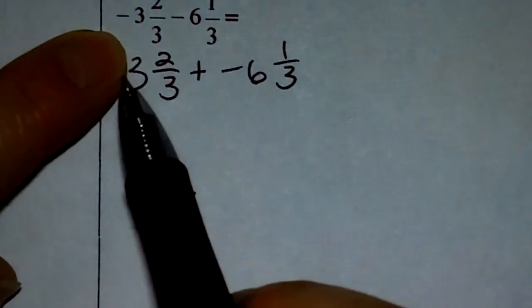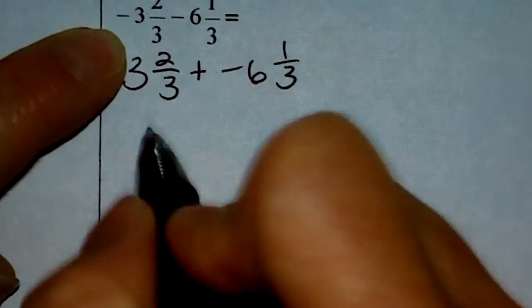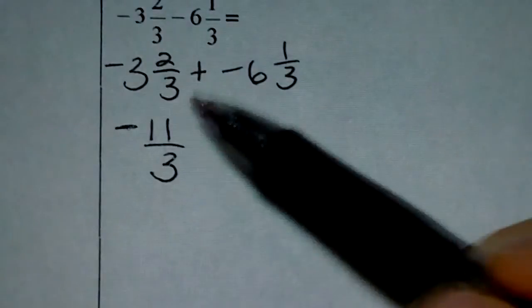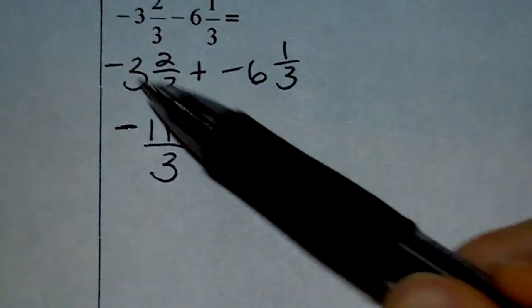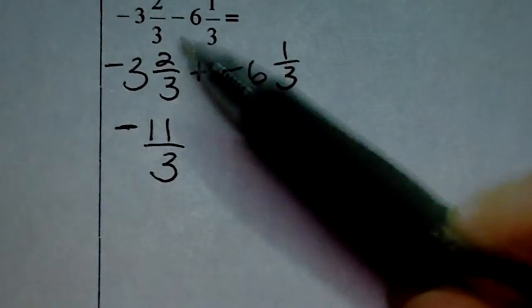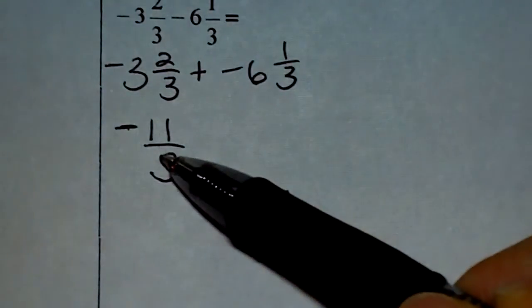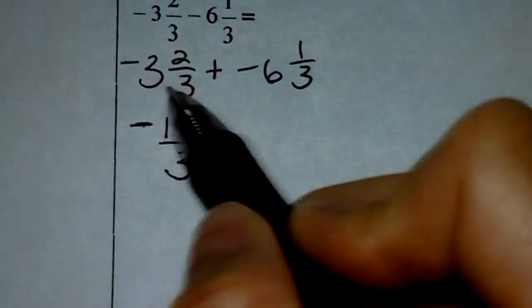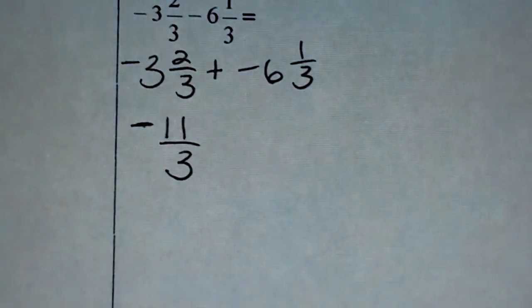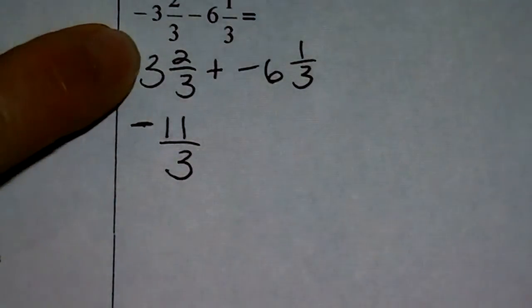Take 3 times 3, which is 9, plus 2, which is 11, and bring in the negative sign at the end. If you took 3 times negative 3, you'd get negative 9, and negative 9 plus 2 is negative 7. Negative 7/3 isn't going to switch back into negative 3 2/3. So it doesn't work. You can't include that negative sign. So again, ignore it, bring it back at the end.